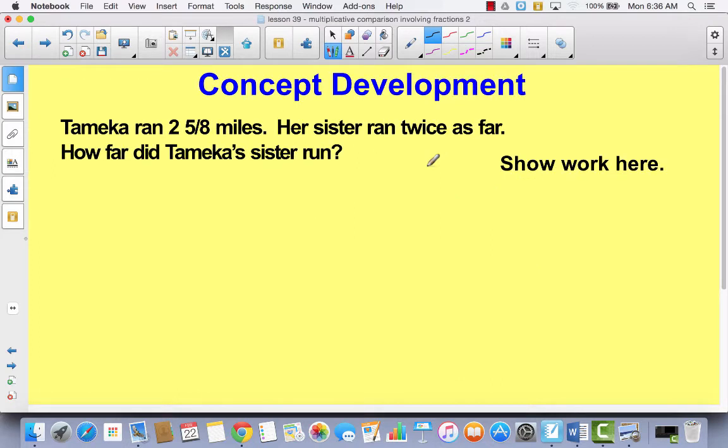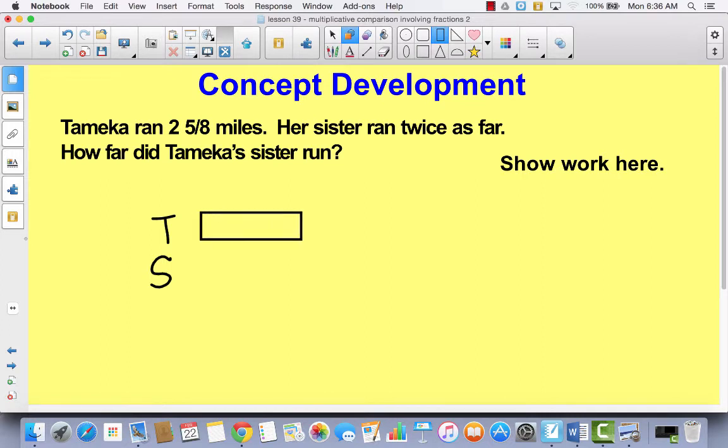Whenever you are using a comparison problem, we use 2 tape diagrams. So we're going to put T for Tamika, and then we're going to put S for her sister. We're going to start with one tape diagram here. This is going to model how far Tamika ran. She ran 2 5/8 miles.